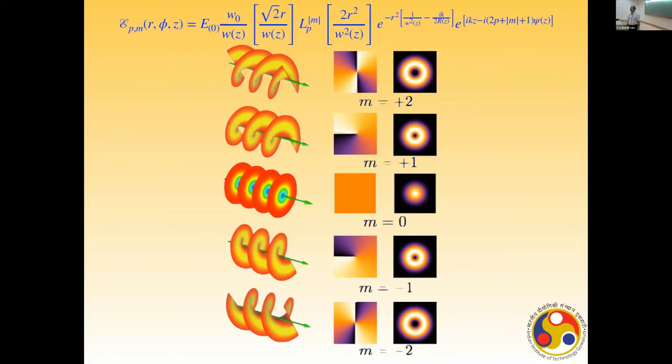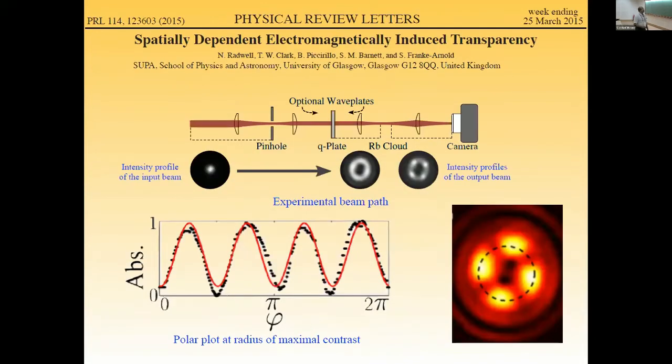Okay. Now, let me tell you about one experimental result done by Professor Sanjay. We know the lambda system, which many speakers have already told you about. In the lambda system, we use two kinds of beam: one is the control field, another is the probe field.